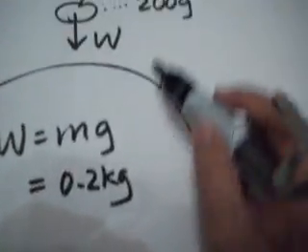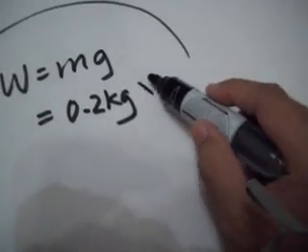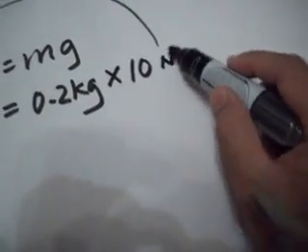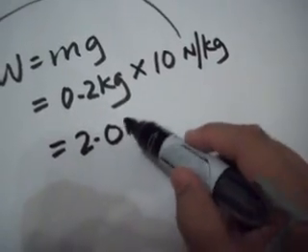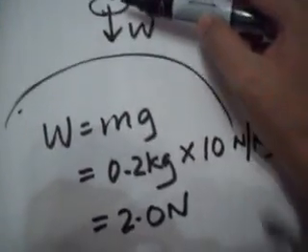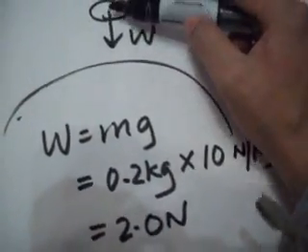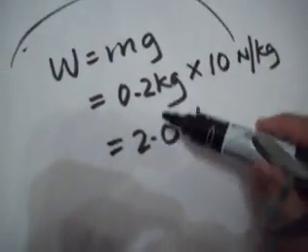So 200 gram divided by 1000 will be 0.2 kilogram times, on the surface of our planet Earth, for O level we take it as 10, and that will be 2 Newton. That means the planet Earth attracts the apple near its surface with a force of 2 Newton, and we call this gravitational attraction force the weight.